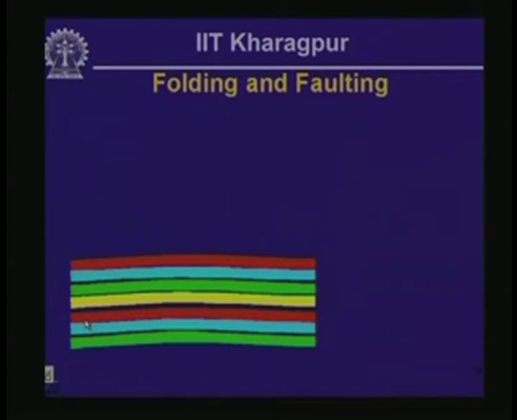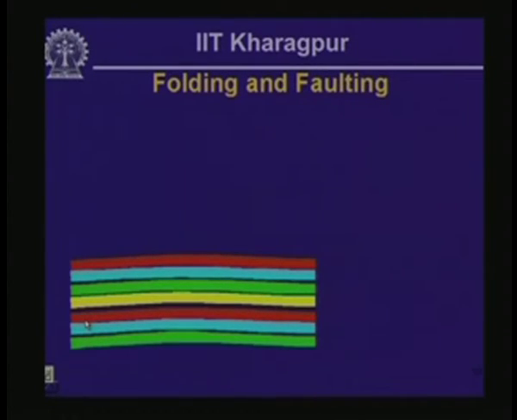for example, schematically shown on the slide there, and let's assume that what we are trying here is to squeeze this rock mass by applying very high stress in the horizontal direction.